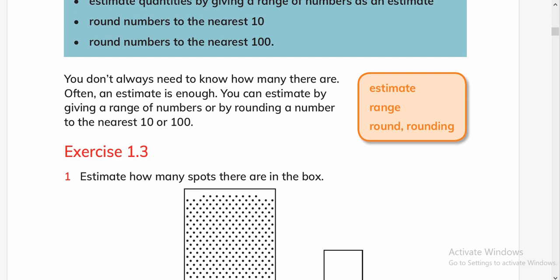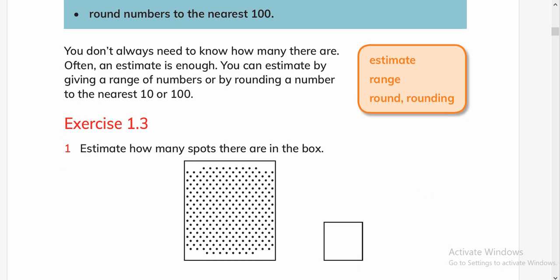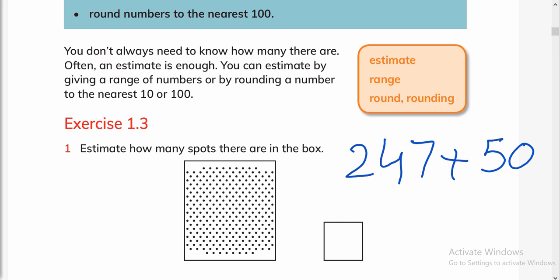Here is a tip for all the students in grade 3 or in grade 2 as well. Please keep practicing your addition and subtraction skills. Mothers are requested to give questions to your kids like 247 plus 50. It will improve their counting in tens, and then 310 minus 40.